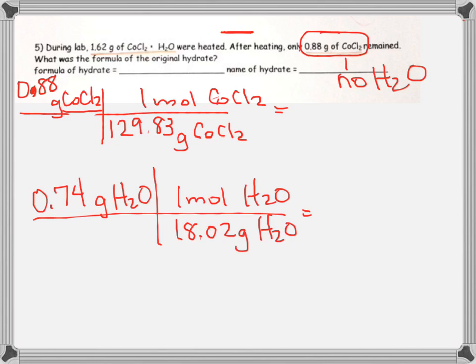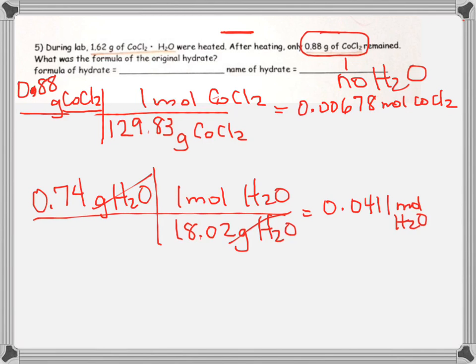So when you divide that out, you get moles for each of these. 0.0678 moles of CoCl2, and on this one you get 0.0411 moles of H2O. Those units cancel each other out, so you're just left with moles.